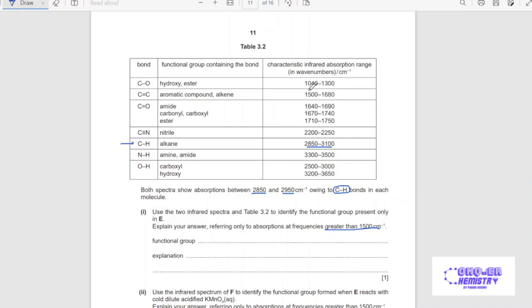And we can see that in 1500 to 1600, actually till 1680, the C double bond C, carbon-carbon double bond, which is found in the alkene functional group, may result in this particular absorption in compound E. So for compound E, the functional group is carbon-carbon double bond. And the explanation is that you have an absorption between 1500 and 1600 per centimeter.